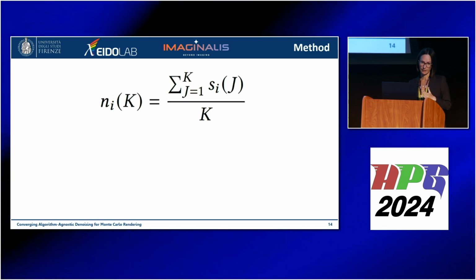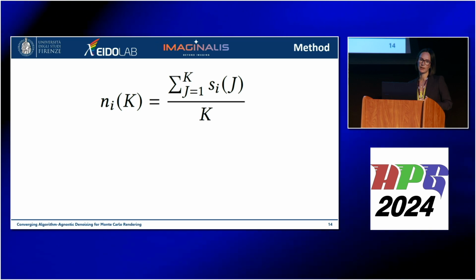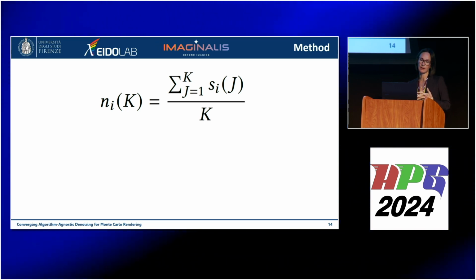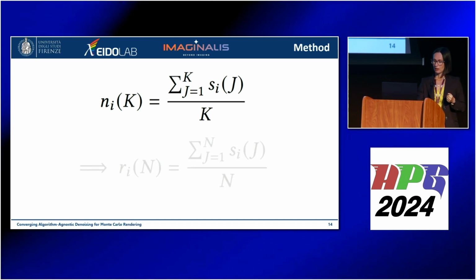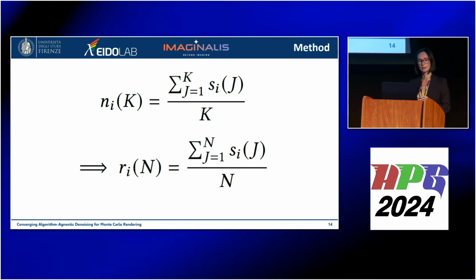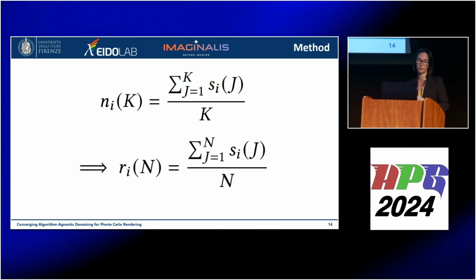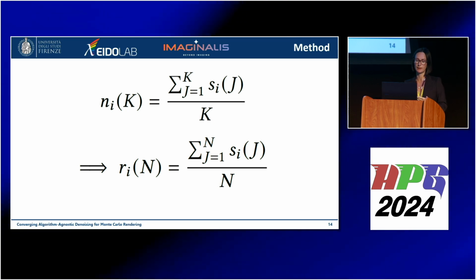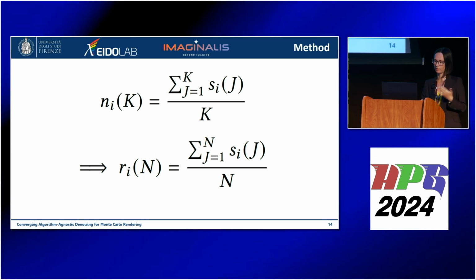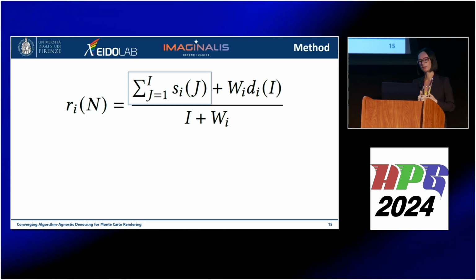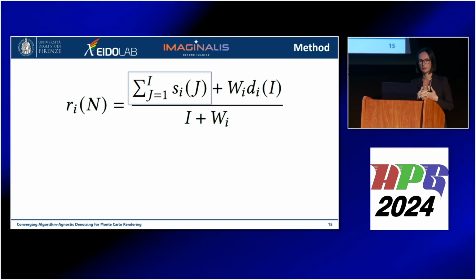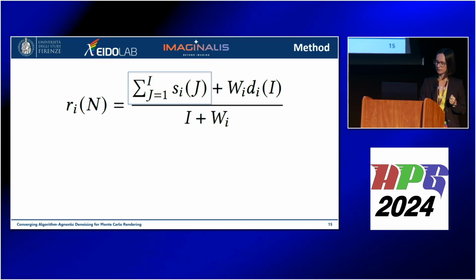On the other hand, the Monte Carlo estimate at iteration k is the average of the samples obtained until iteration k. And it is also true for the reference pixel because it's simply a Monte Carlo estimate obtained at some high sample number n. Let's substitute the first member of the sum by the definition of the Monte Carlo estimate.